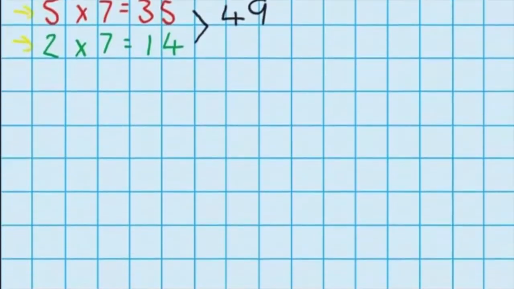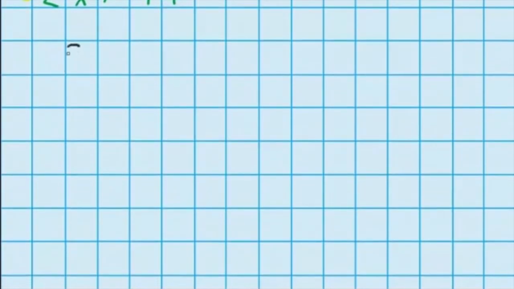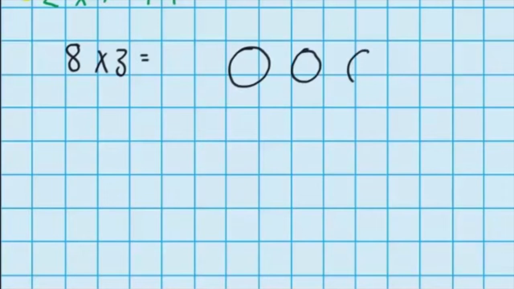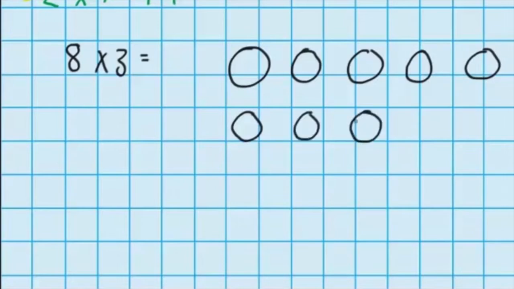This time I want to work out what 8 times 3 is. So just like last time, I'm going to draw out my 8 groups. 1, 2, 3, 4, 5, 6, 7, 8. And inside all of those 8 groups I need 3 items. And just like last time, I'm trying to use my 5 times tables to help me answer this question.